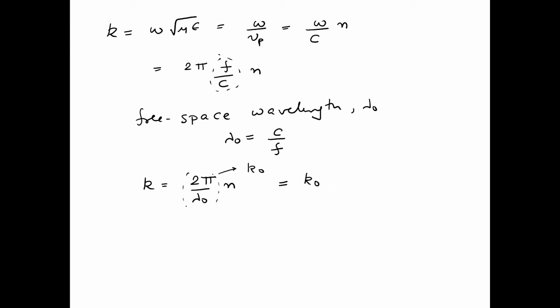So my k becomes k naught times n. And if I look at my wavelength inside the medium, it becomes lambda naught by n. Let's consider this. Let's say I have a medium here.